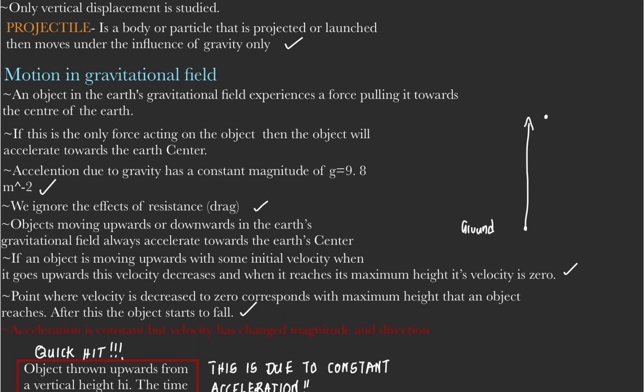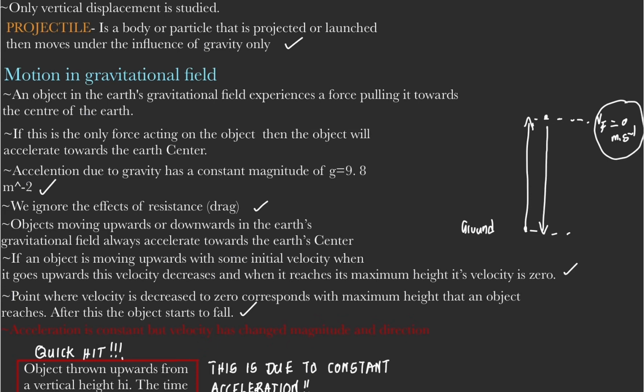And when it reaches this point, it comes back to the ground. So when it reaches this height, the velocity there is equal to 0 meters per second. As your projectile moves upwards towards its maximum height, the velocity that it started with decreases until it reaches 0 meters per second.